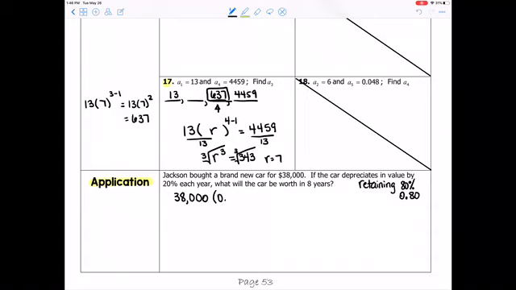So 0.80 is our common ratio, and we want to know what that's going to be worth in 8 minus 1 years. So 38,000 times 0.8 to the 8 minus 1, or 7th power.